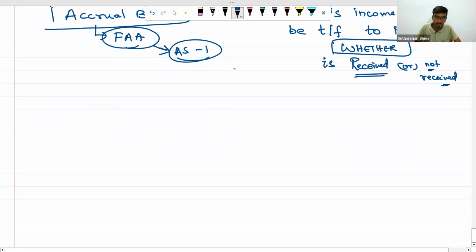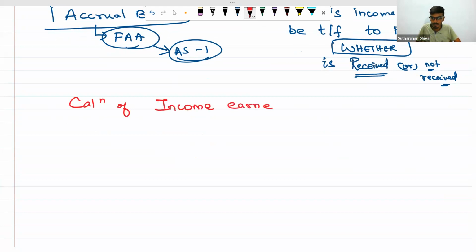For that purpose, I will give you the same type of chart: calculation of income earned in current year. How are you going to calculate? First, take out the income which is received in the current year, which is inclusive of maybe last year, maybe next year, as per the case.